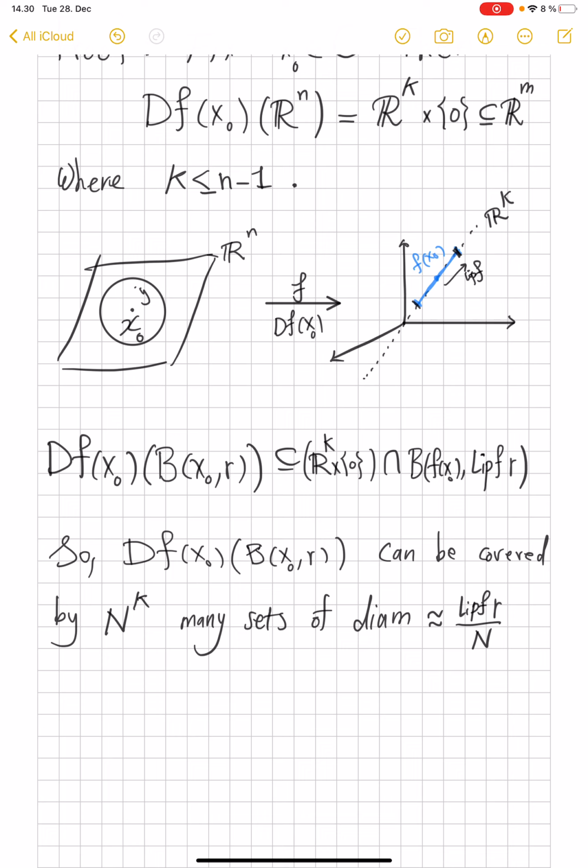So there will be these many sets whose union contains that image, and with this diameter size.